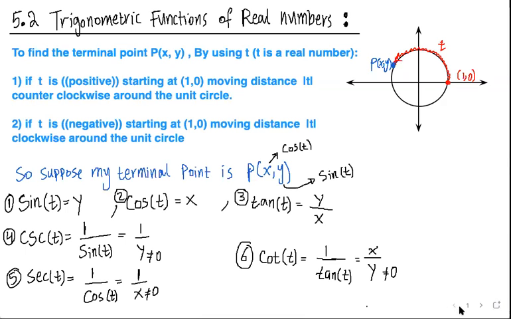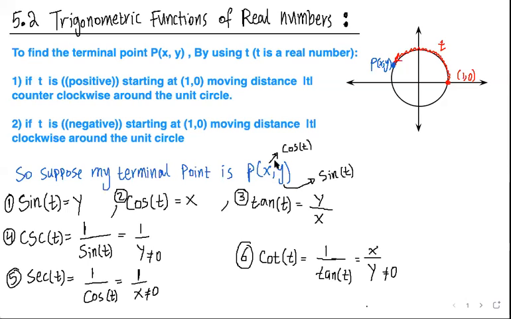So the example now. Yes, there is a reason for why x is the cosine and y is the sine, but I'm not going to explain that. There is a reason, by using the triangle, but we don't have to know it.